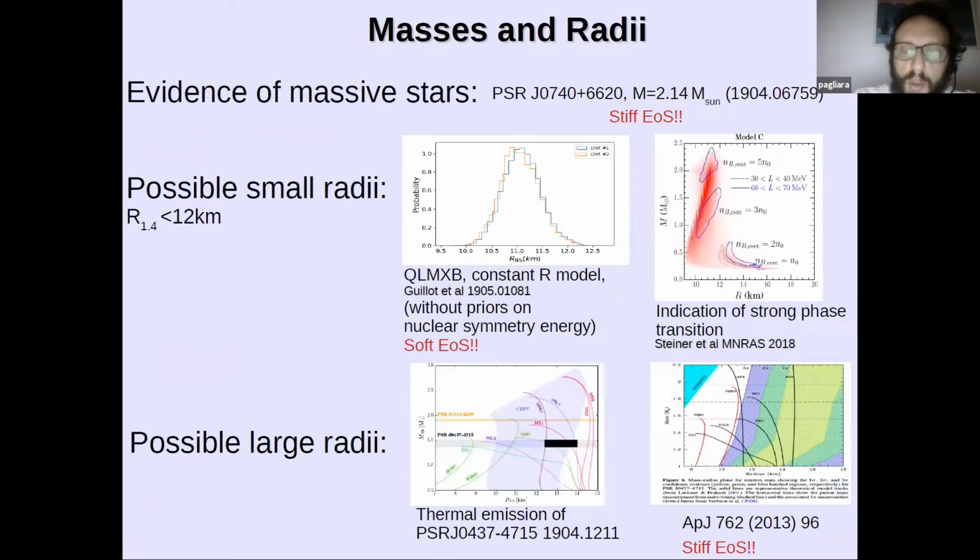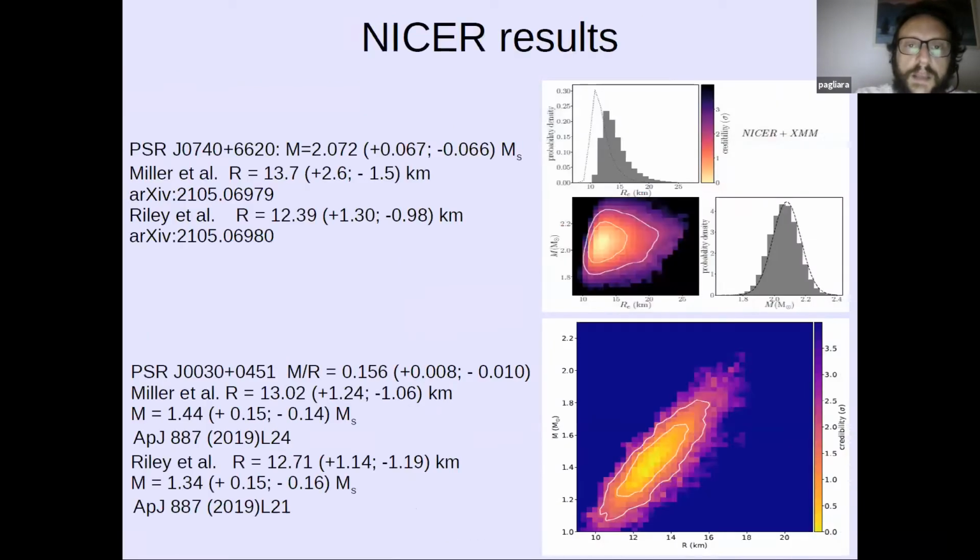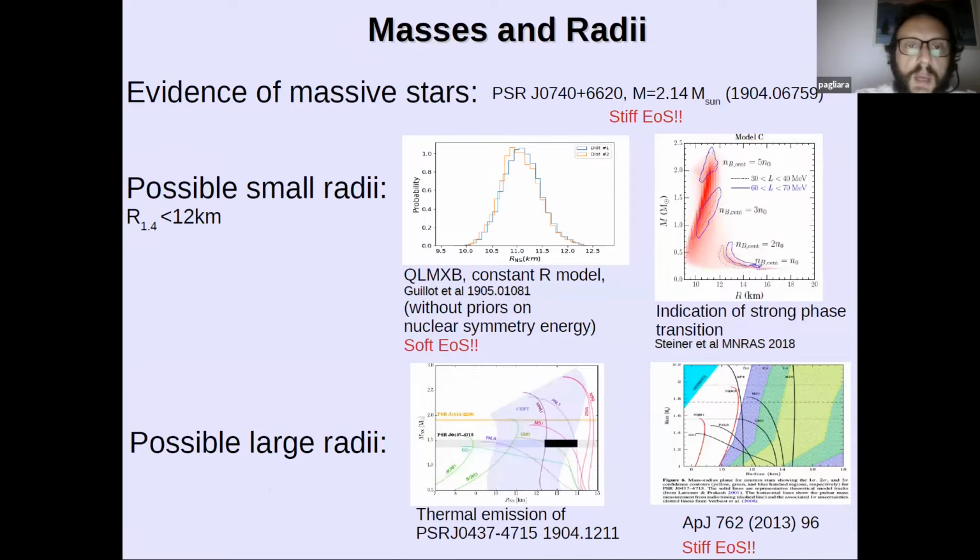Let me just show a few mass-radius measurements. Of course, we have evidence of objects with a mass above 2 solar masses, of the order of 2.1 solar masses. But there are also indications of small radii, not only from GW170817, but also from quiescent low mass X-ray binaries, and other analyses pointing to radii for 1.4 solar masses less than 12 kilometers.